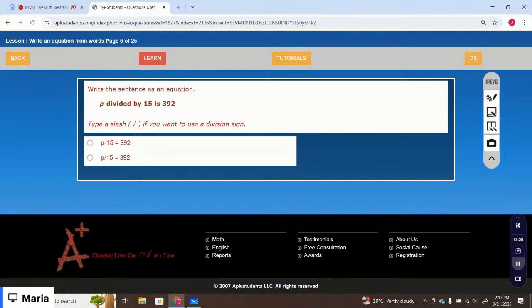Option number 2 is the correct option, p divided by 15 equals 392.